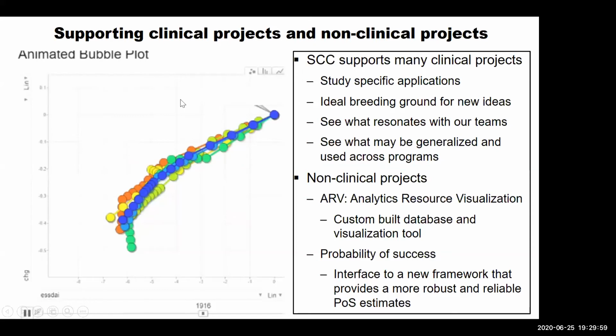Here's one where we're trying to use animation. Sometimes we have endpoints that are composite endpoints made of multiple component parts. Here we can look at, for instance, the ACR score in arthritis.